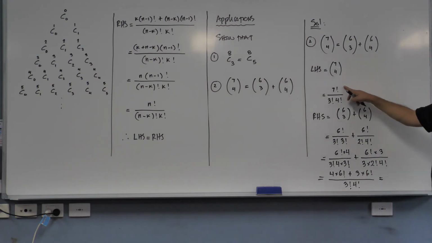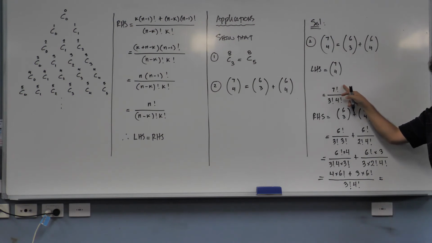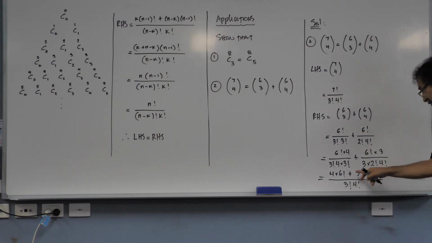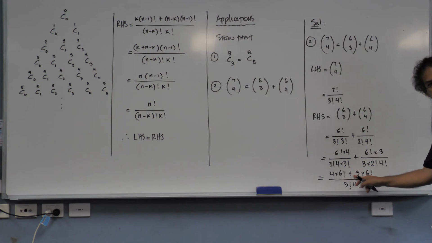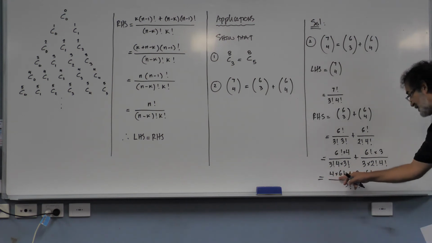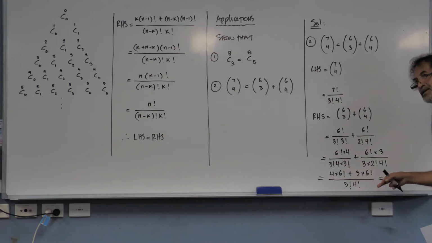But we need to have 7 factorial. Can you see that on top? Yeah. But can you see that we have a common factor? What is the common factor? 6 factorial. And can you see that in here we have 4 and 3? What is the answer for 4 plus 3? 7. Or you can say 4 times 6 factorial plus 3 times 6 factorial.